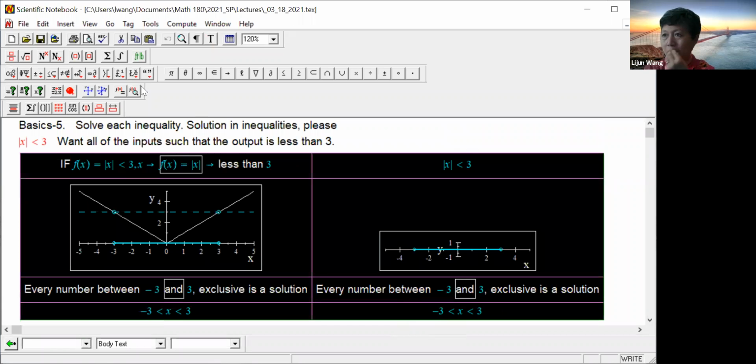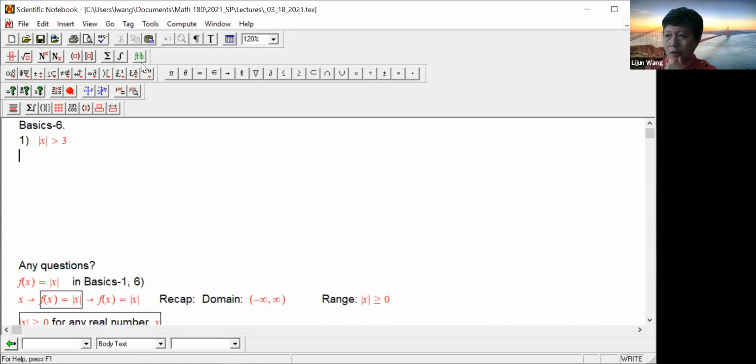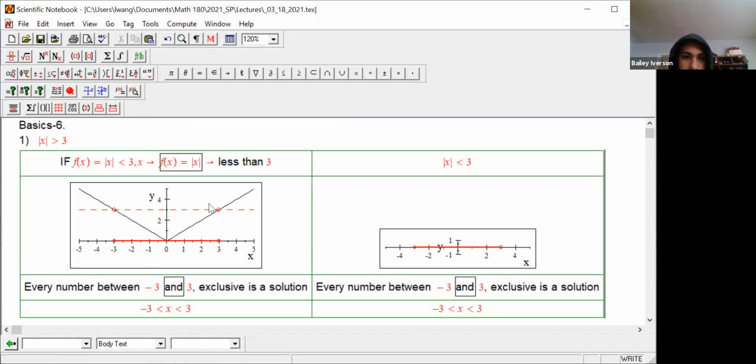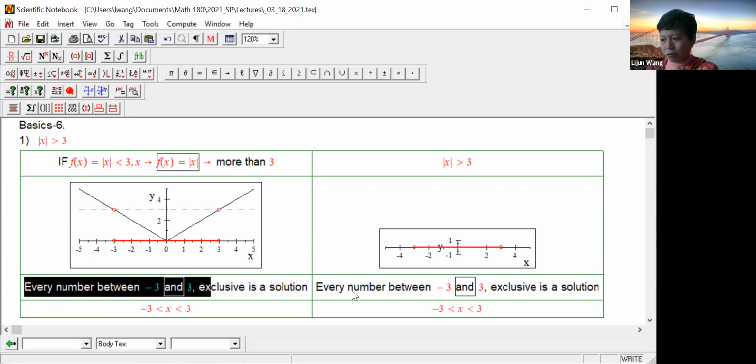Larger than 3, right? So from less than, it becomes larger, more than 3. So the picture will change, right? And all these words will change. Do you follow me?